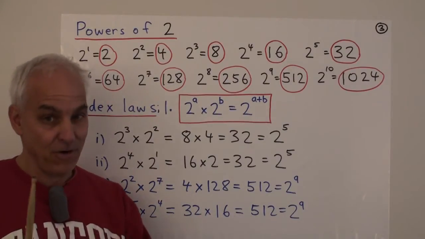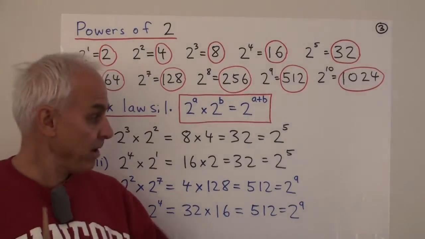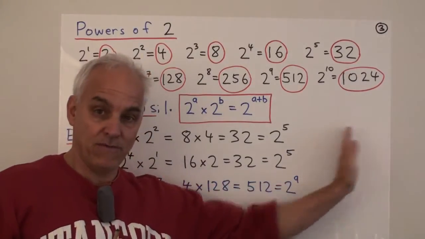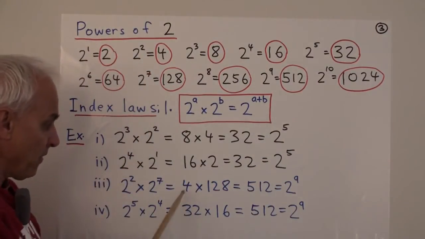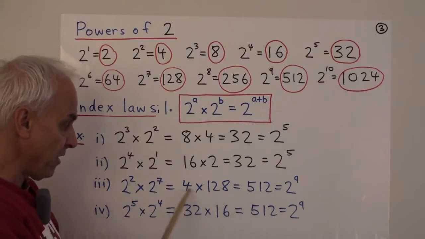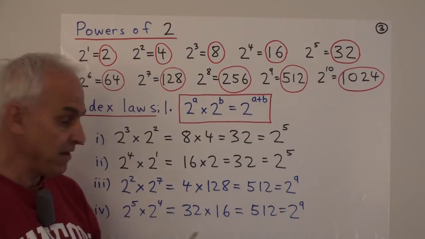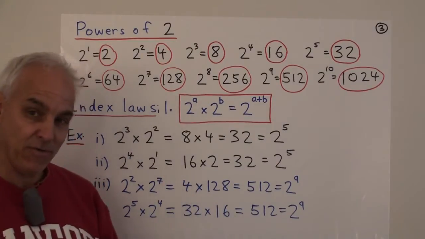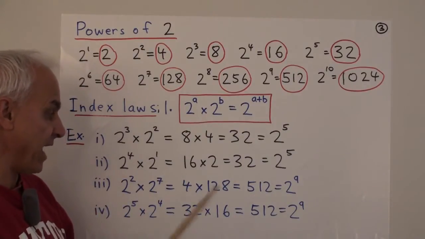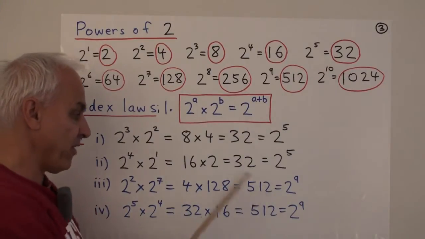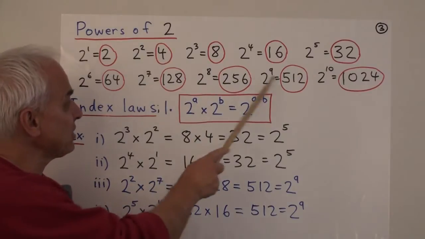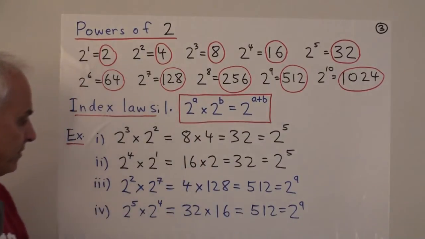In fact, I'd prefer that you do it on a piece of paper, maybe in the margin of your workbook. 4 times 100 is 400, 4 times 20 is 80, 4 times 8 is 32. If you put those all together, you get 480 and 32. It's 512, which is 2 to the 9th.